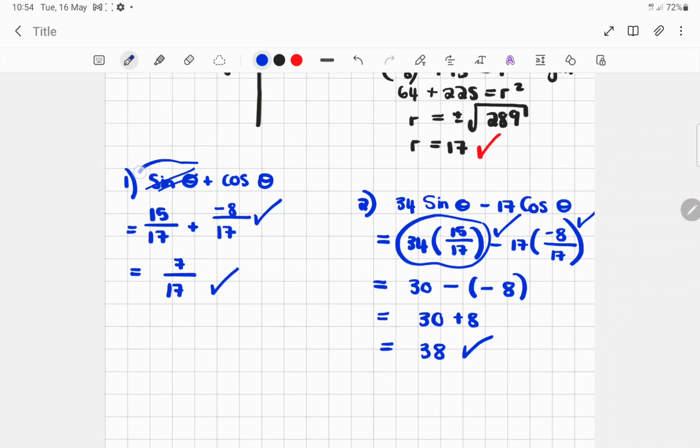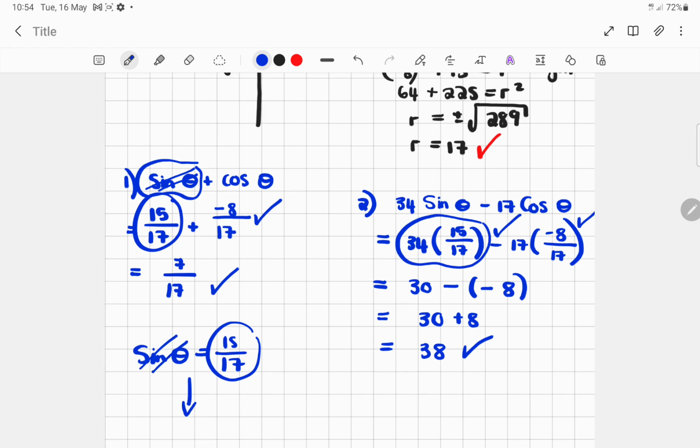What is the value of sine theta? With the aid of your diagram, it gives you 15 over 17. Lots of my students want to write sine theta is equal to 15 over 17 and try and move on from there. Yes, that is that, but then replace it and drop away your sine theta.